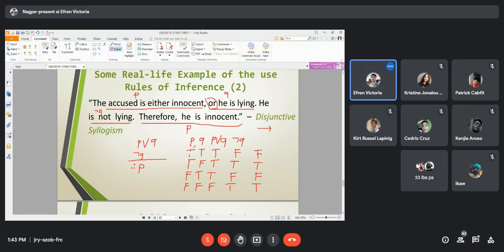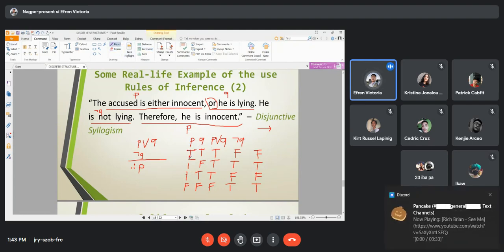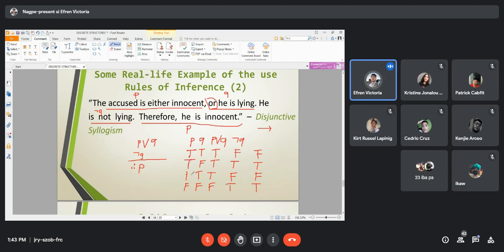Pero hindi tama yung ginawa natin sa pag-analyze ng mga propositional variables dun sa argument. Okay? So ano dapat? So meron tayong commutative, di ba? Okay. So, wait.